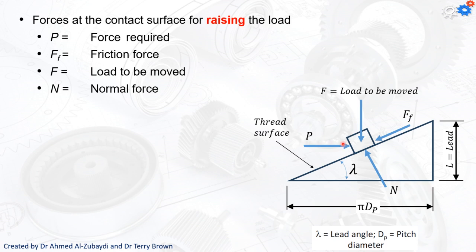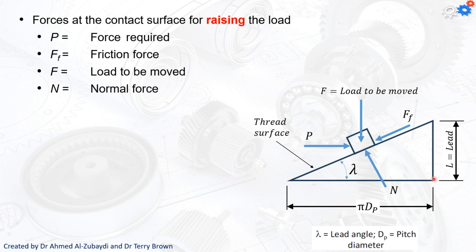We need to push it with the force P. We have the friction force to resist that. The load pushes the weight down, giving a normal force perpendicular to the surface. The angle lambda is very important to find the equilibrium of the forces in the x-axis and the y-axis.